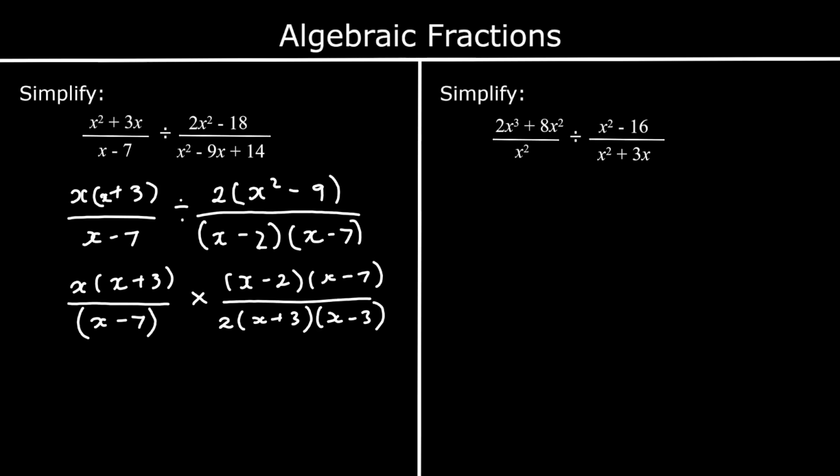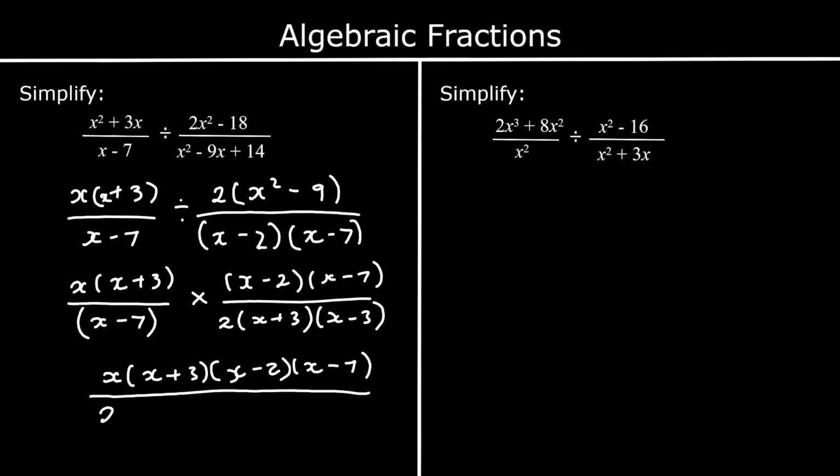Now it's going to times the top times the bottom. So I have x times x plus 3 times x minus 2 times x minus 7 over 2 times x plus 3 times x minus 3 times x minus 7.